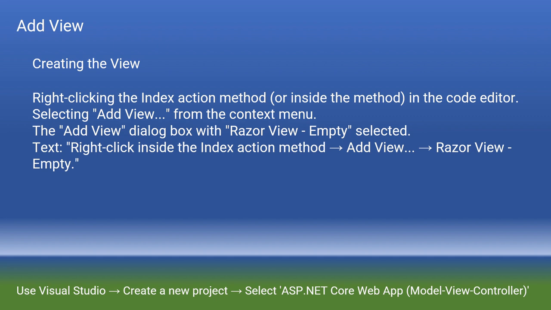This is the default location that ASP.NET Core expects to find the view for the Index action in the Home controller. Inside the Index.cshtml file, add some basic HTML like <h1>Hello from your first ASP.NET Core page</h1>.